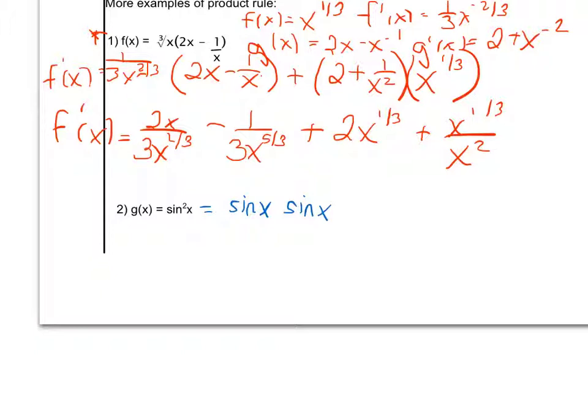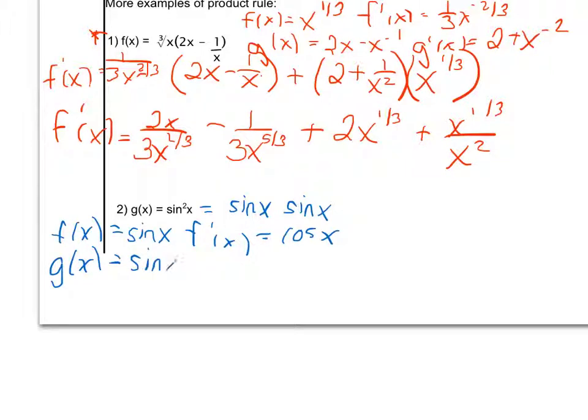And when I use my product rule, I'm going to say that my first function is sine x, and the derivative of my first function is cosine x, and my second function is also sine x, and the derivative of my second function is also cosine x.